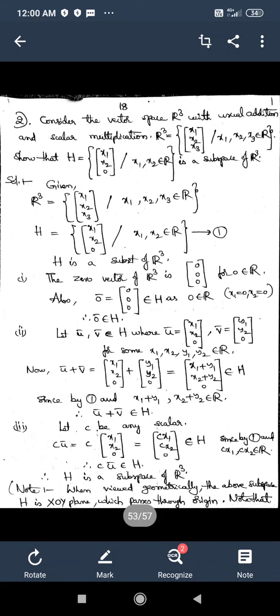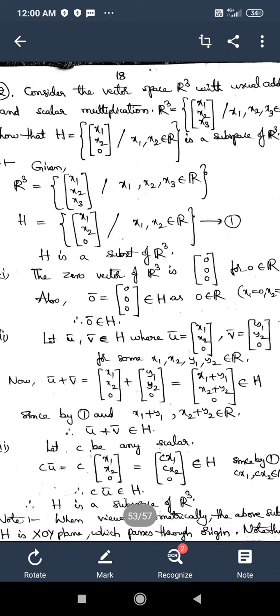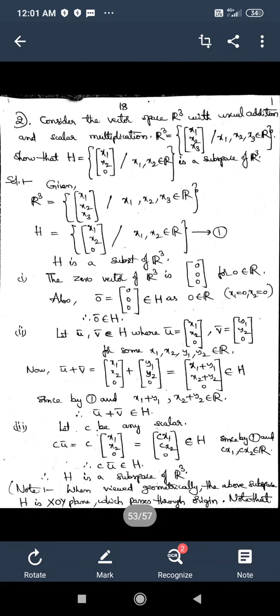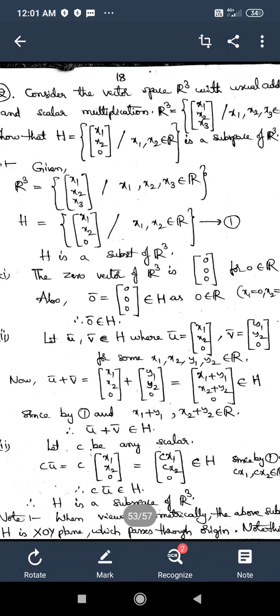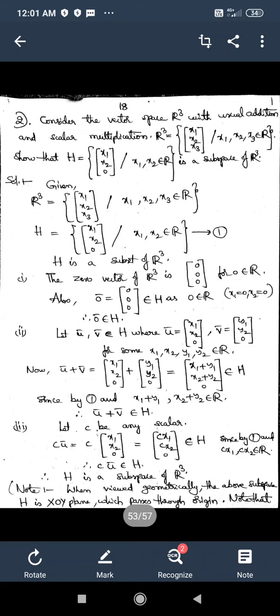Here I am making a note point, and in that I have mentioned the geometrical purview of this set H. When viewed geometrically, the above subspace H is the XOY plane, as the Z entry is always 0, that is the third entry is always 0. That shows that all the elements of H are in the XOY plane, and that is how H represents a subspace in the XOY plane.